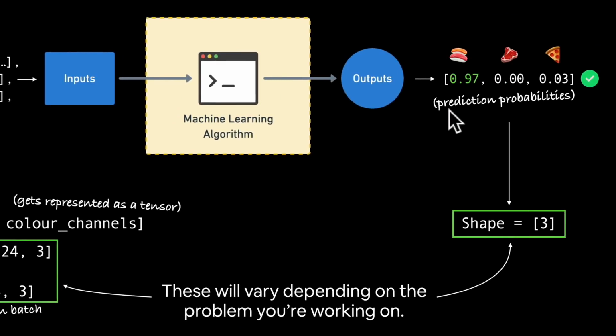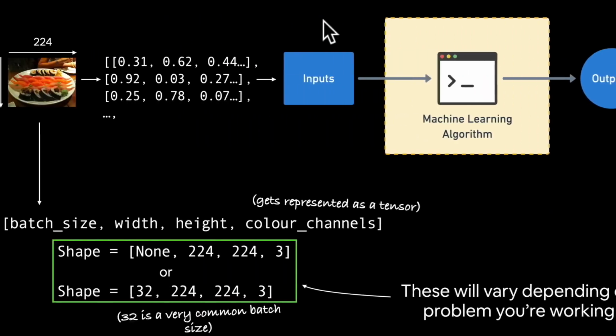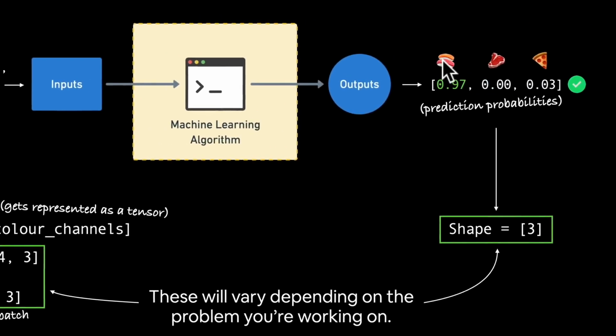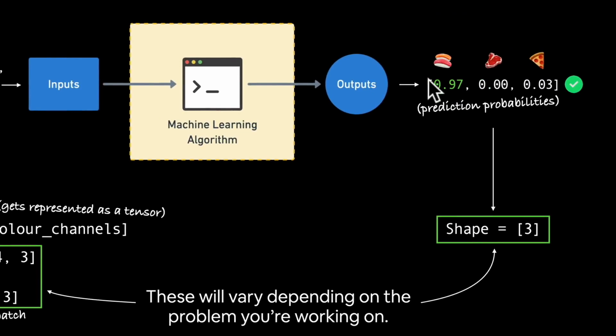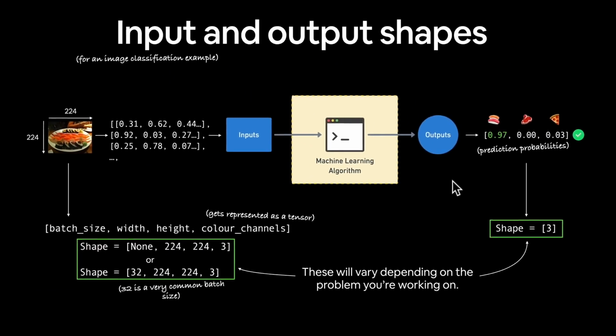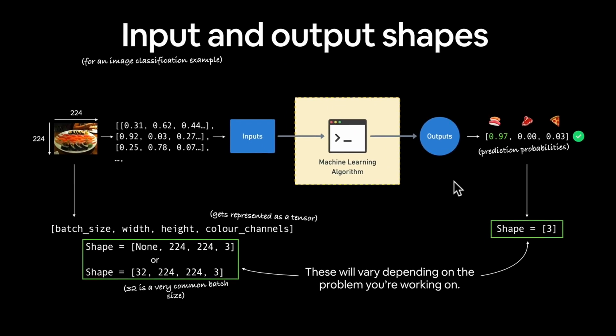Depending on what outputs we have, we have to define them as some sort of tensor, and they will typically have a shape dealing with the number of classes. If you're working on multi-class classification, the output shape will be the same as the number of classes we have. But again, this is just a conceptual overview. It'll start to make a bit more sense once we start to build classification neural networks. And speaking of which, let's have a look in the next video at what the typical architecture of a classification neural network looks like.